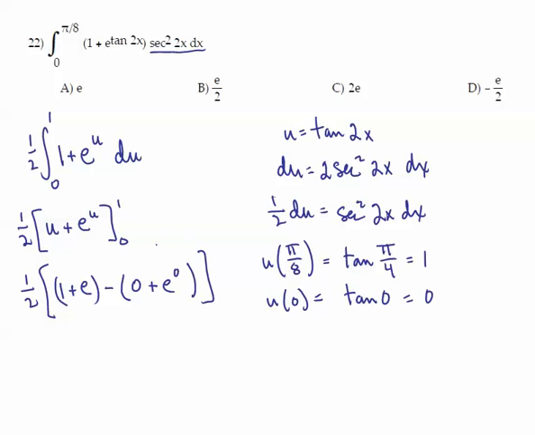And e to the 0 is 1, so we're going to end up with 1/2 times 1 plus e minus 1, which is simply 1/2 of e, or e over 2, and so the answer is B.